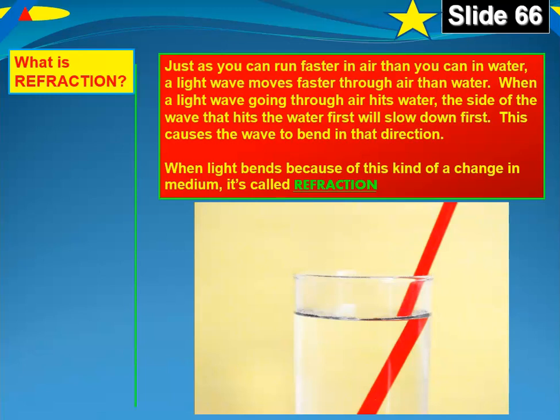When light bends because of a change in medium, so air is a medium, water is a medium, but water is, you could say, thicker, more dense, it's called refraction. So if you've ever noticed this phenomenon you see in the picture where the straw looks like it's broken, that's because of refraction coming through the water and then through the glass.